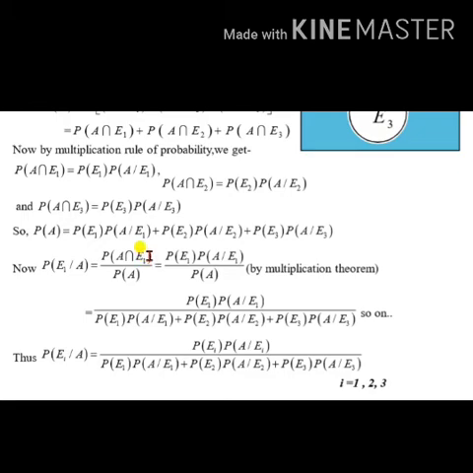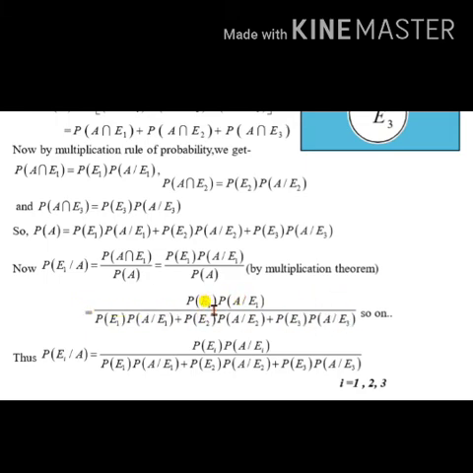Already we have the probability of the intersection of E1 from the multiplication theorem: probability of E1 into probability of A by E1, divided by probability of A. Now we just put the value of probability of A from this step into the denominator, and one complete result is determined: probability of E1 by A will be equal to probability of E1 into probability of A by E1 divided by this sum of the probabilities.